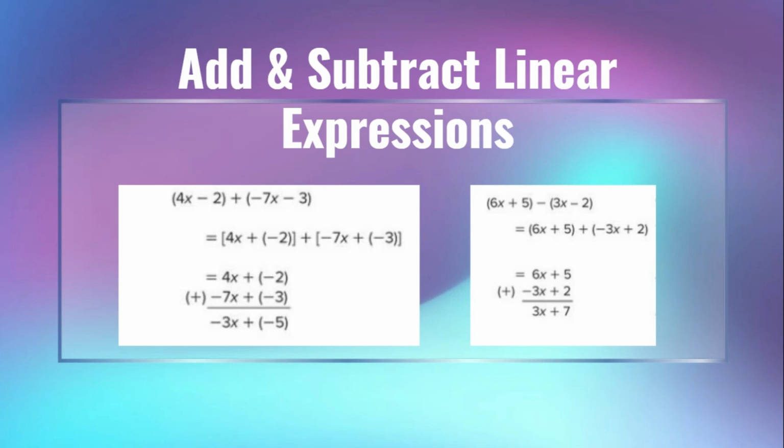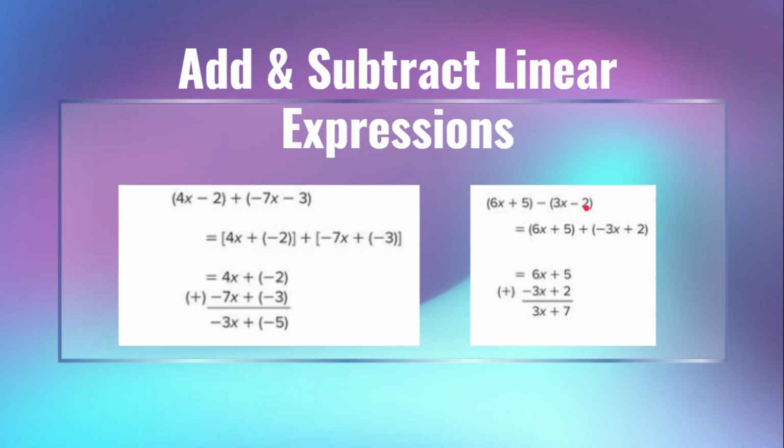So we copy the first expression, 6x plus 5. We are going to change these from a subtraction to an addition because we're using the inverse operation. And then we're looking for additive inverses of both the coefficient and the constant. So the opposite of 3x is negative 3x, and the opposite of negative 2 here is a positive 2.